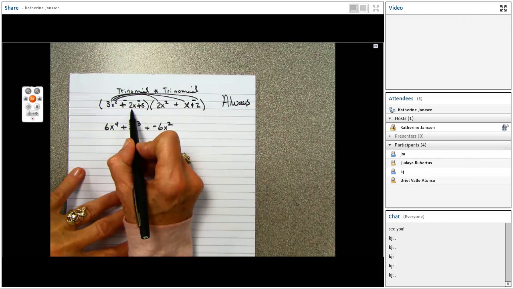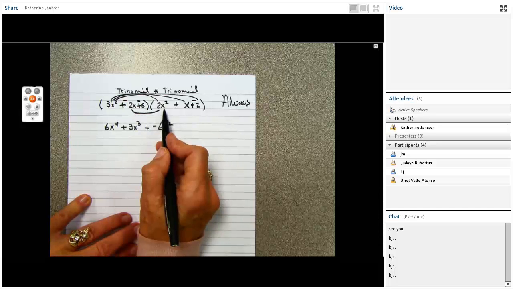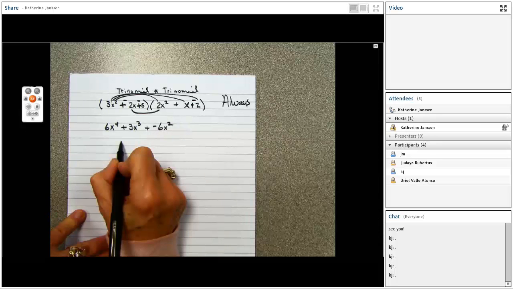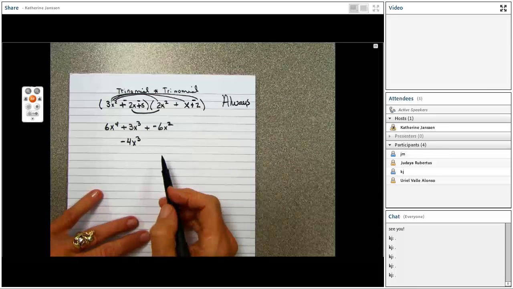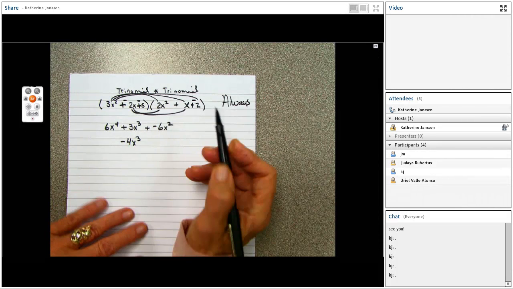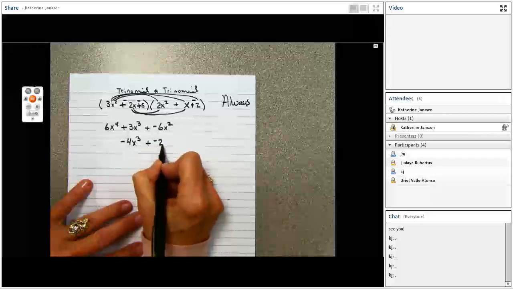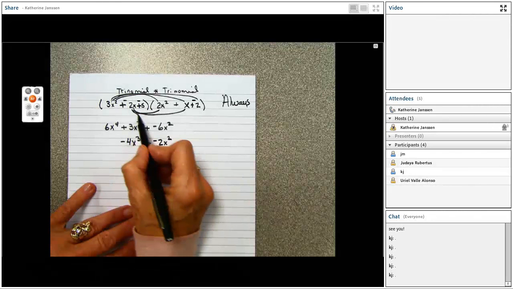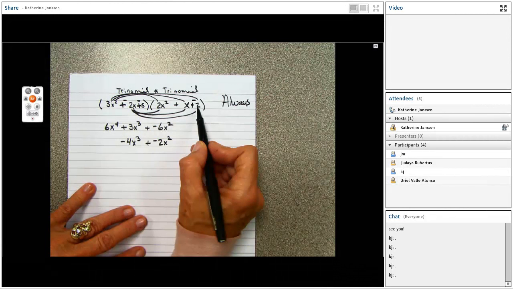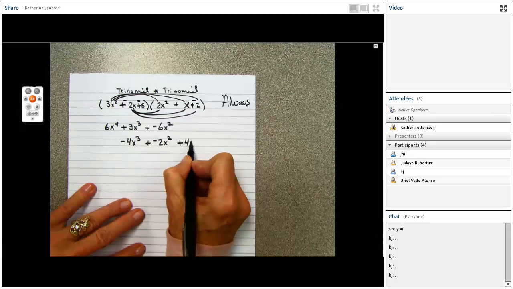My next term is a negative 2x. A negative 2x times 2x squared is going to be a negative 4x cubed. A negative 2x times x is going to be a negative 2x squared. And a negative 2x times a negative 2 will be a positive 4x.